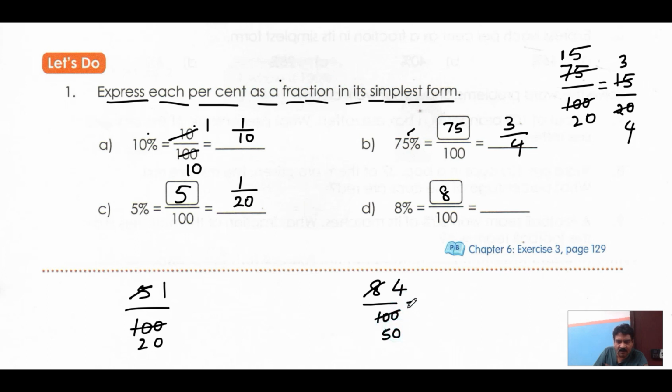This is 0. It becomes 4 by 50. Still you can simplify it. 2 twos are 4, 2 twenty-fives are 50. It becomes 2 by 25. Now 2 and 25 is not going to cancel in any table. So this is going to be your simplest form, that is 2 by 25.